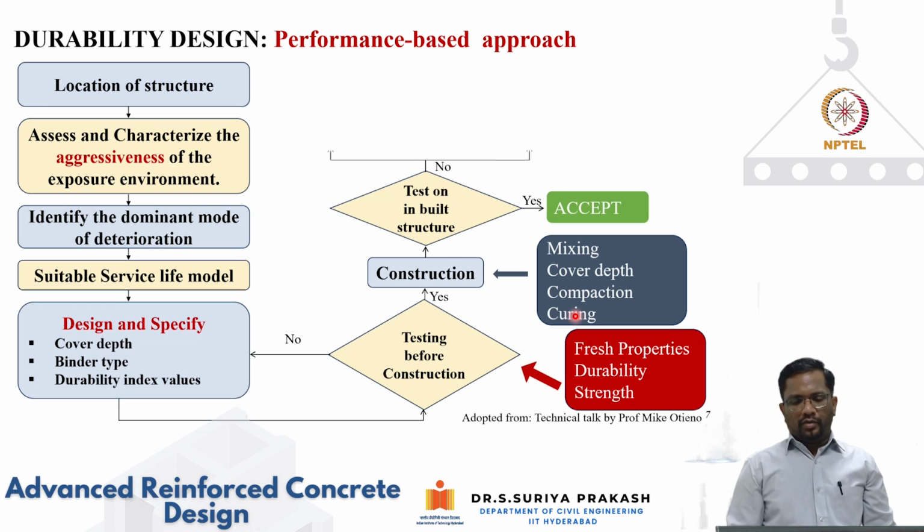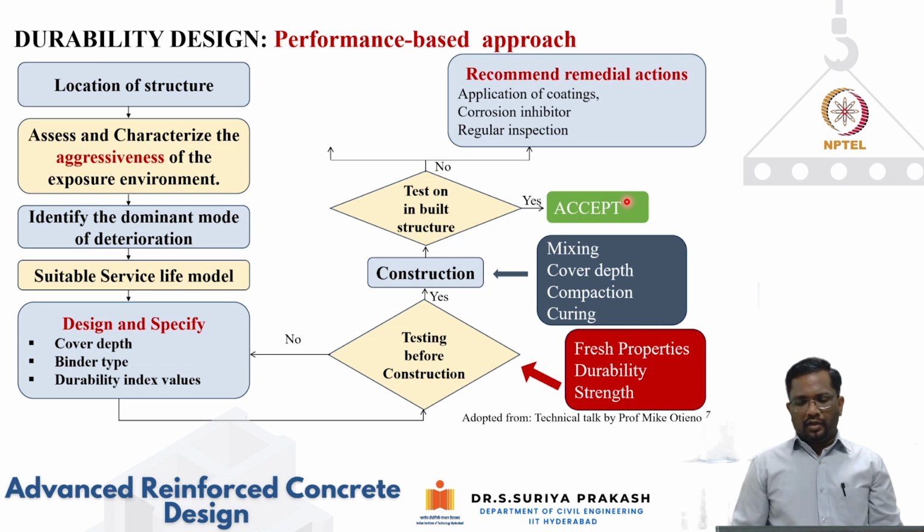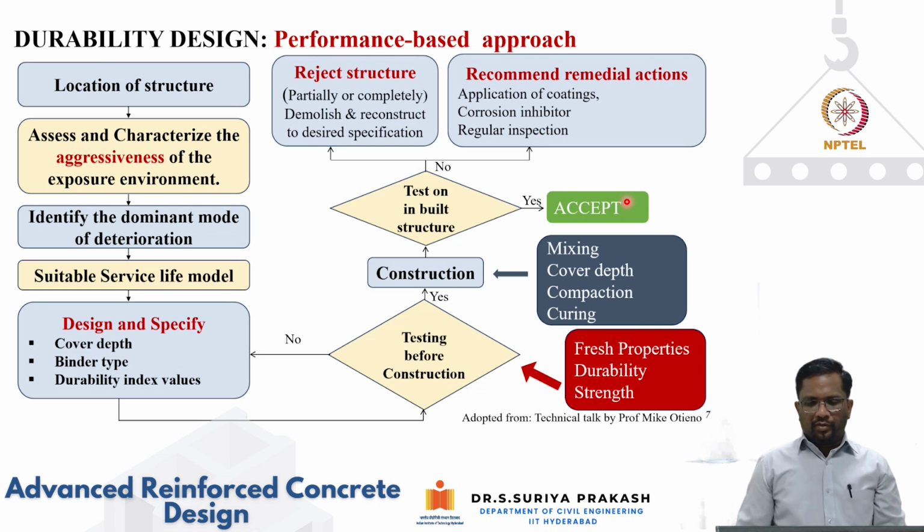And again, testing, what kind of testing do we do? For durability and strength. If the values are acceptable, then you go ahead and say, okay, the structure has performed well.